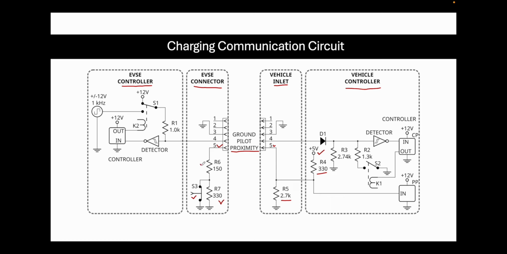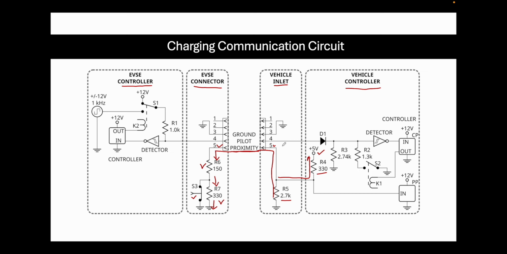And we also have a 150 ohm resistance that is connected. So the overall circuit looks like this, which is basically a kind of voltage divider circuit of 5 volt with multiple resistances into account. And this is how the entire flow of current looks in this case. So this is the basic diagram for a proximity pilot.